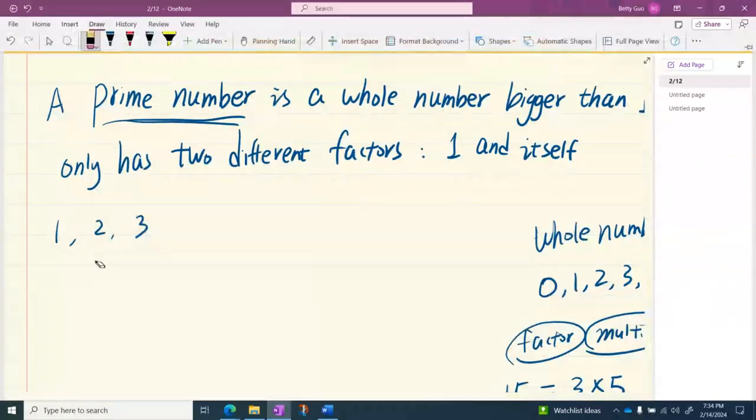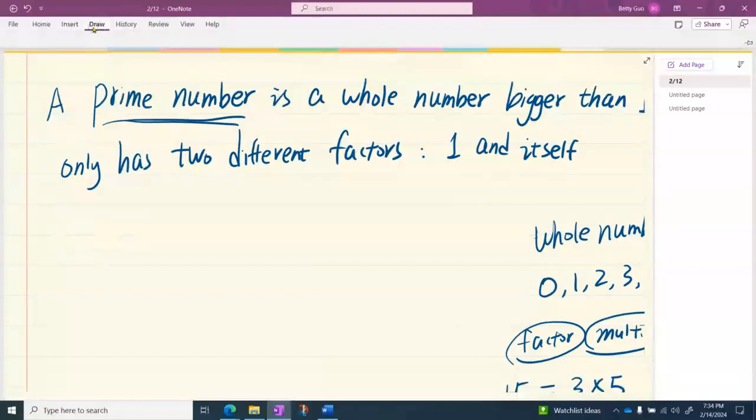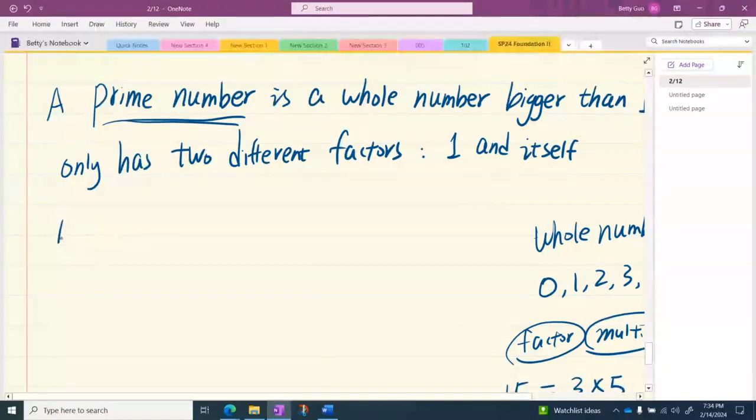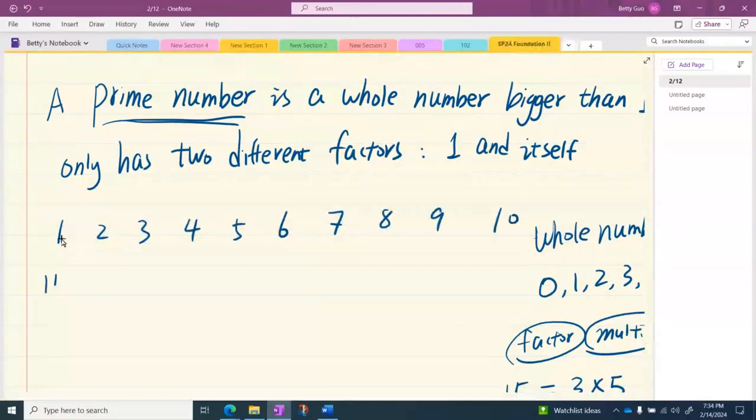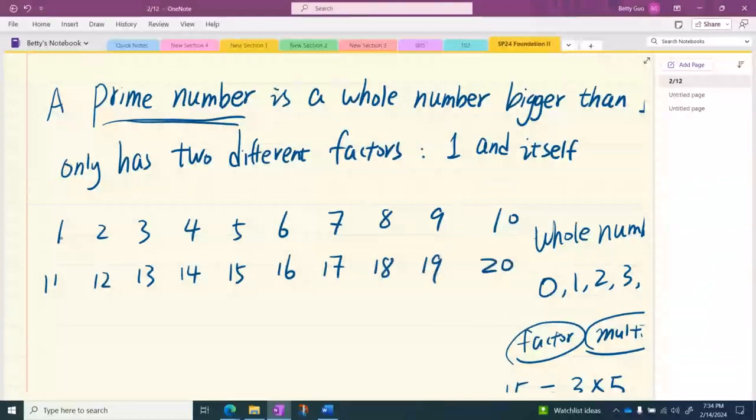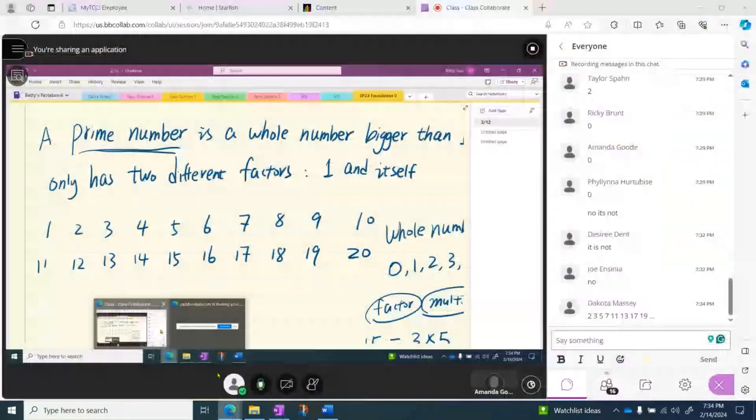Okay, I'm going to write 1, 2, 3, 4, 5, 6, 7, 8, 9, 10, and 11, 12, 13, 14, 15, 16, 17, 18, 19, 20. Let's go through each of them. Is 1 a prime number?